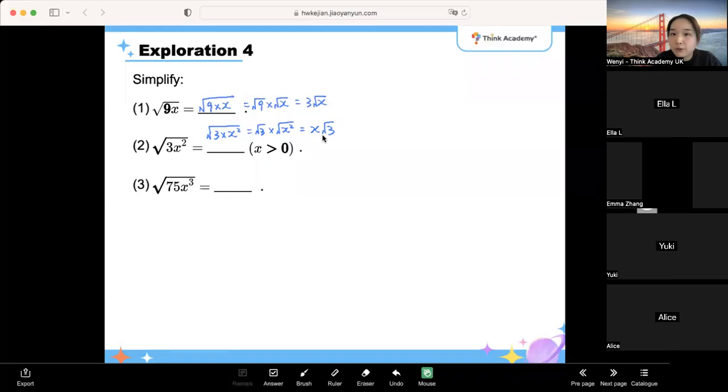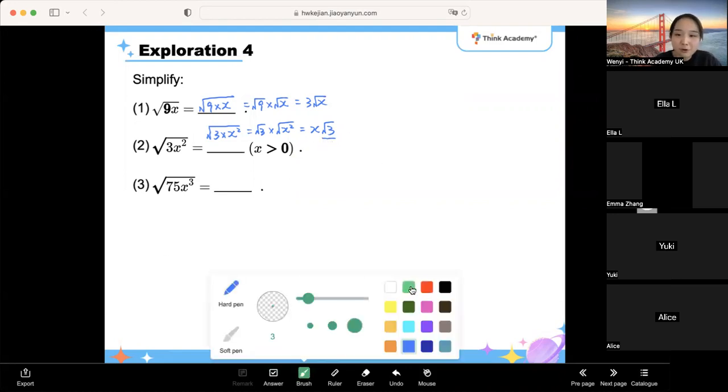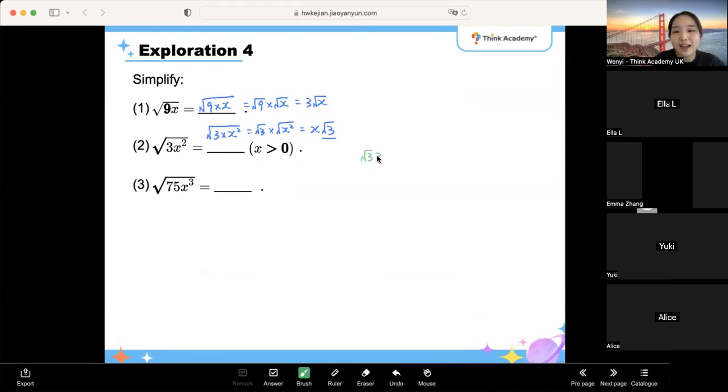And be careful here, we always put the rational number or term in front of the surd. Why? Of course, we can write it as root 3x. But if I write 3x, can you tell me, is this x under the root sign or not? Can you tell me?